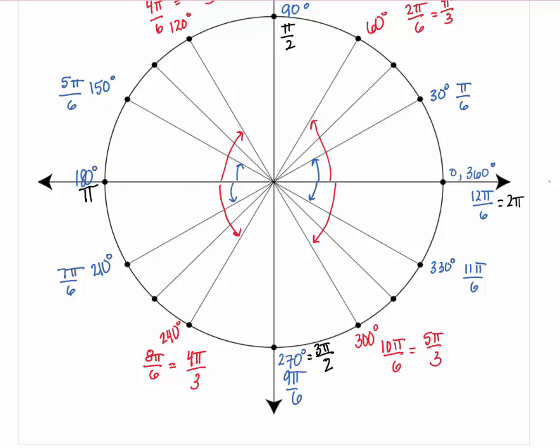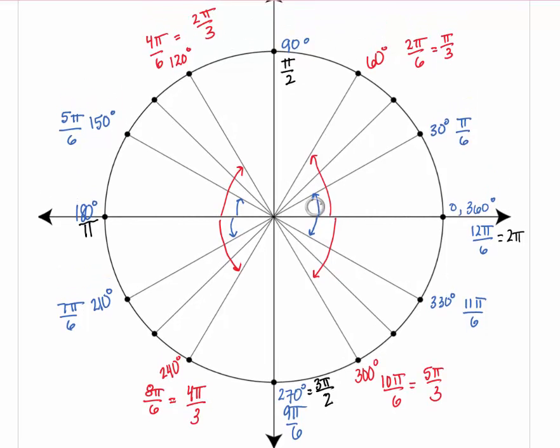So far, I have all of my 30-degree reference angles and all of my 60-degree reference angles. If you're a little confused, I would recommend starting over and watching again. But everything in blue is 30 degrees away from the x-axis. The reference angle is 30. Everything in red has a reference angle of 60.